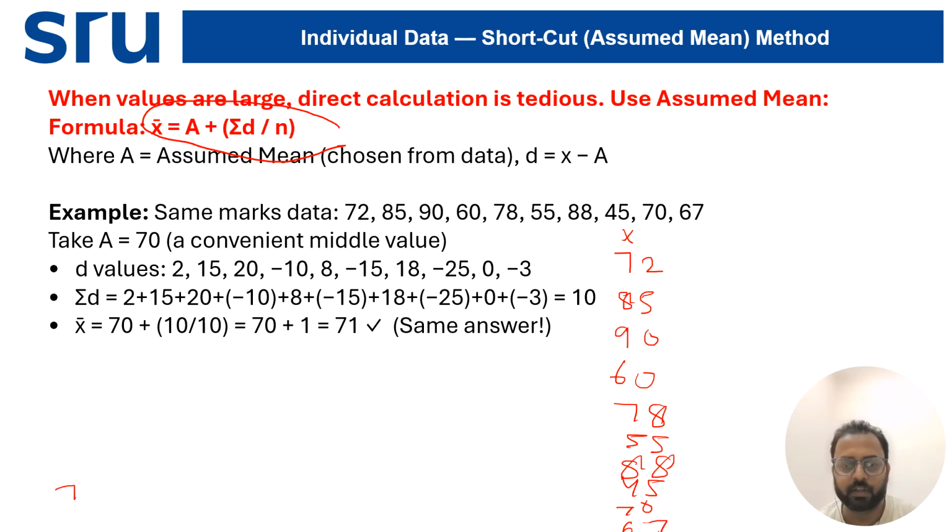So we choose A. A is equal to 70, and next we find D.